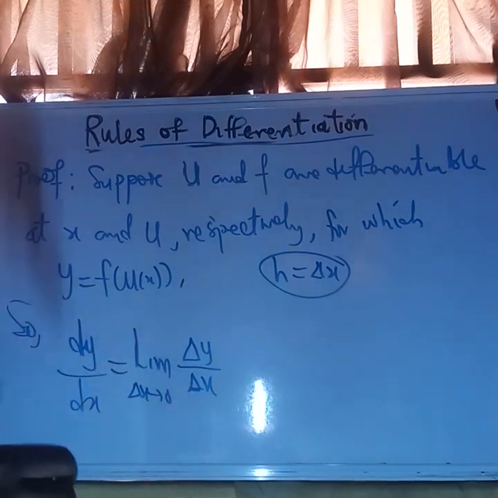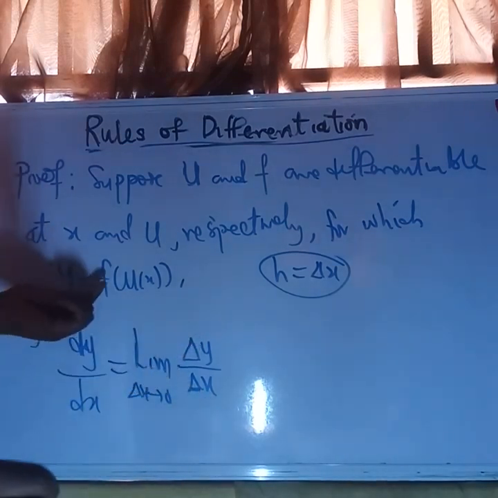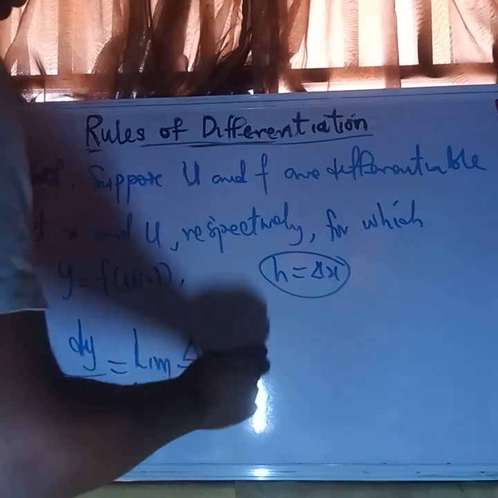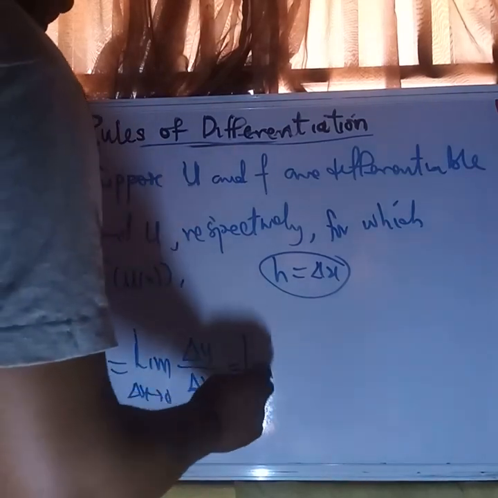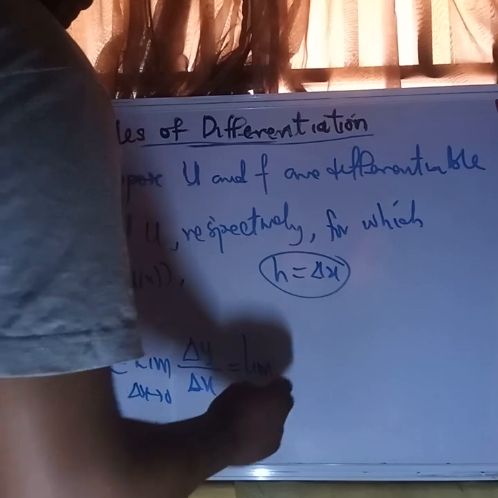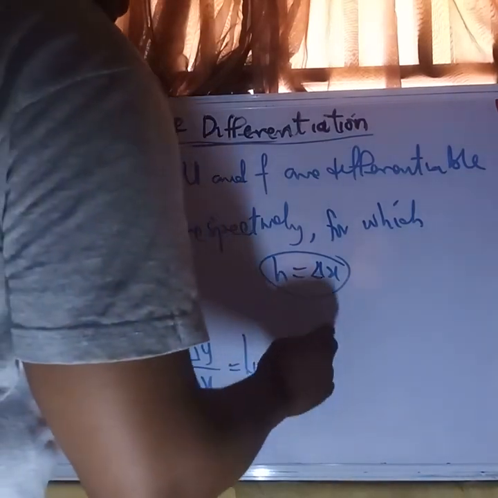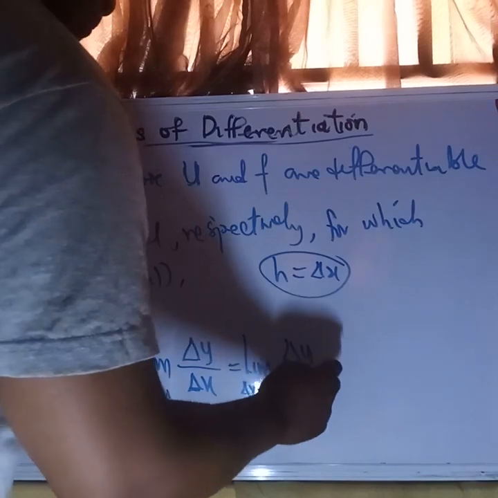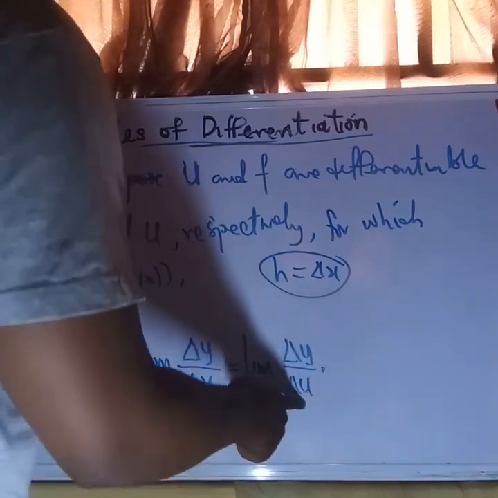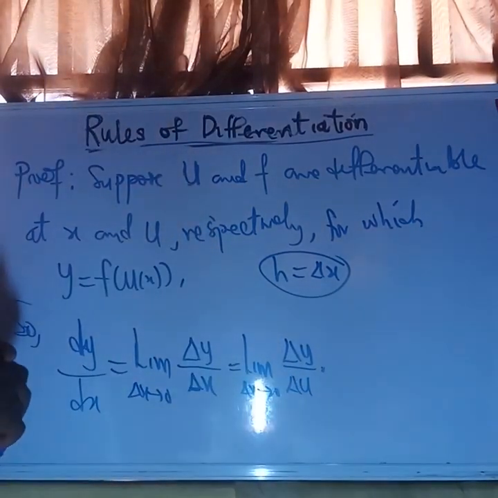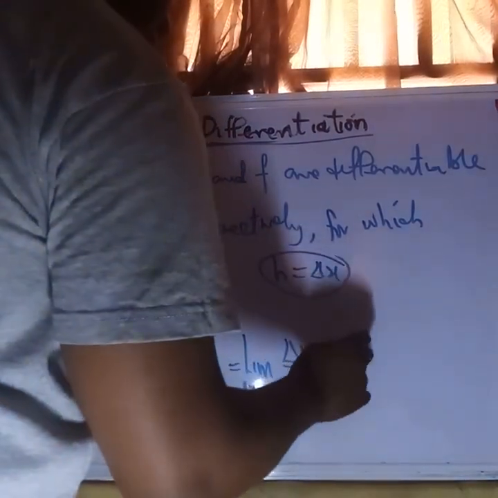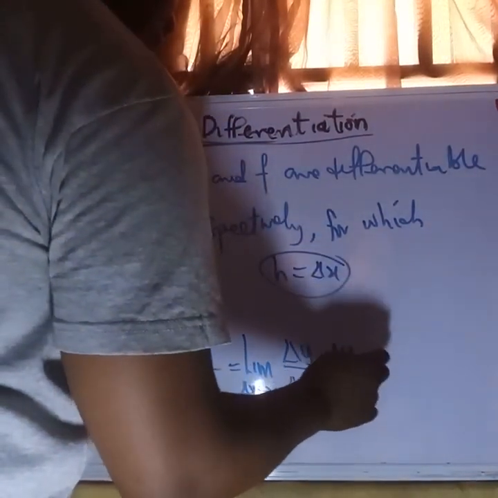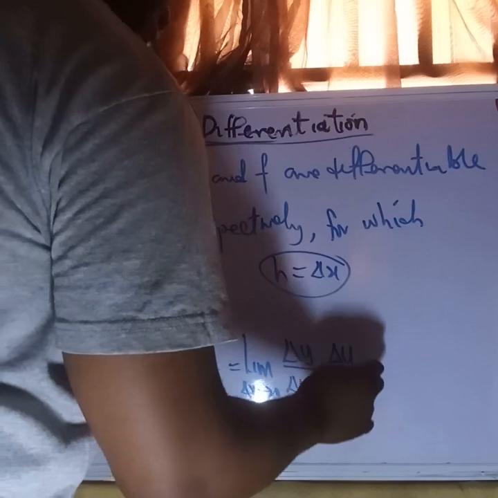Since y is a function of u, and this is dependent on u, you can initiate the term delta u, and this delta u again will be with respect to delta x.